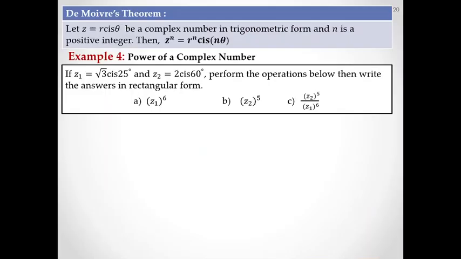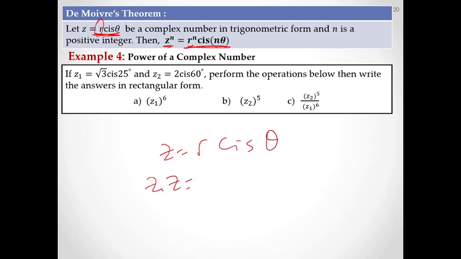Now, one other interesting property here is, if a complex number is written in this form, then its nth power is equal to the nth power of r times CIS n theta. So this is a nice formula, and it's coming from the previous one, because z is r CIS theta.